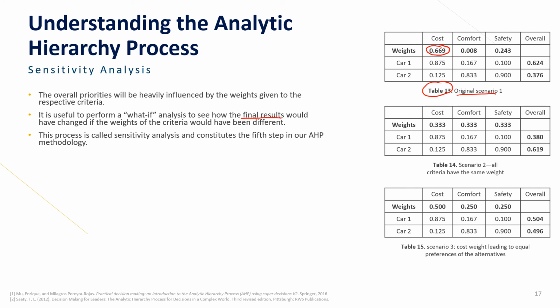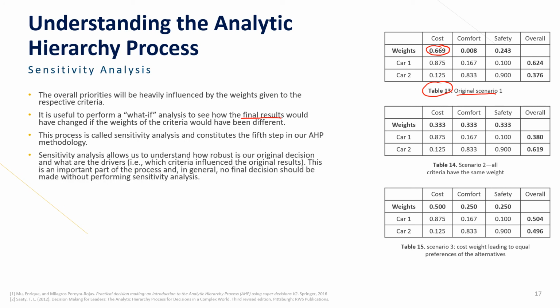This process is called sensitivity analysis, and it constitutes the 5th step of our AHP method. Sensitivity analysis allows us to understand how robust our original decision is, and what are the drivers of the new decisions that might be generated. For example, which criteria influence the original results, and this is an important part of the process.